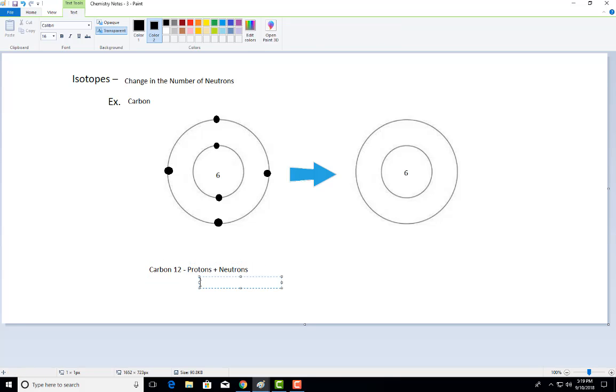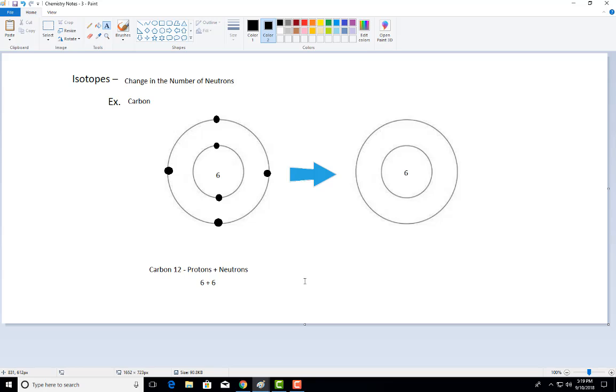So you can imagine that for carbon 12, if 12 is the number of protons and the number of neutrons, we know it's got 6 protons, so how many neutrons must it have? Well, it also has 6, right? Those 6 neutrons help stabilize those 6 protons as all these electrons are zipping around, pulling on it, and it keeps the atom good and stable.